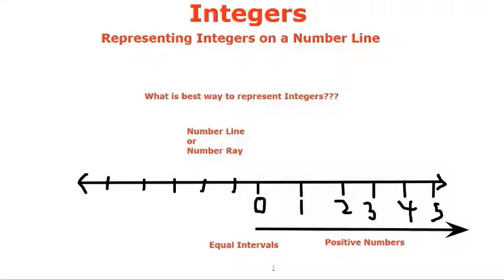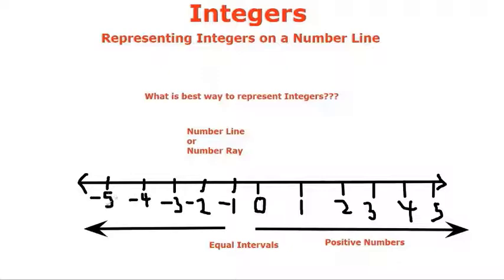On the left side of the number line, we mark the negative numbers, which are -1, -2, -3, -4, and -5. All are in equal intervals.